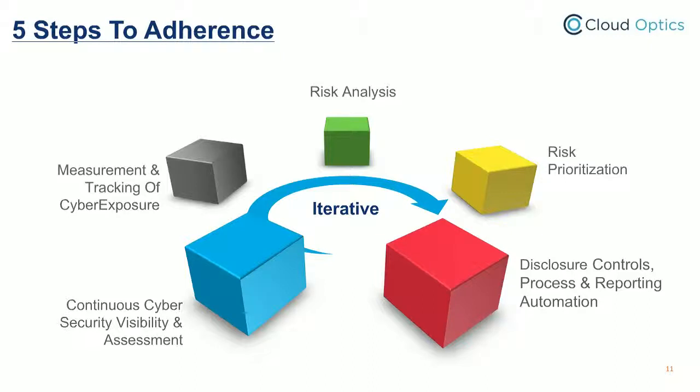Whether we are improving, staying the same, or degrading is something we need to come up with internally for our own businesses, and calculate how much risk we have on the cyber exposure side based on our IT assets. So this is an iterative process, a five-step process to adherence, and that's what we are recommending to our customers.